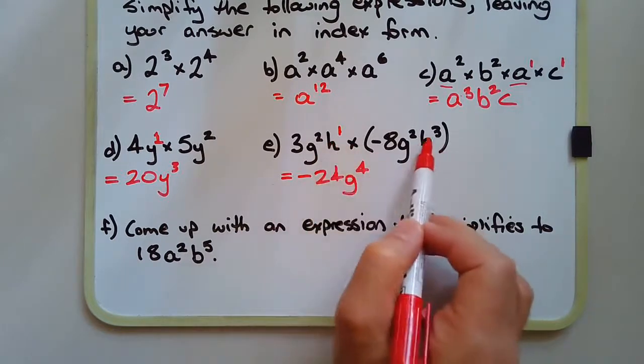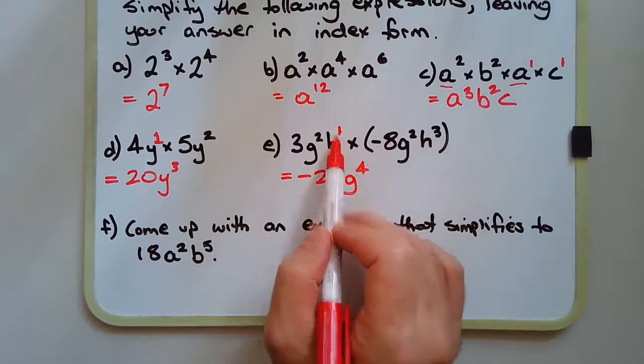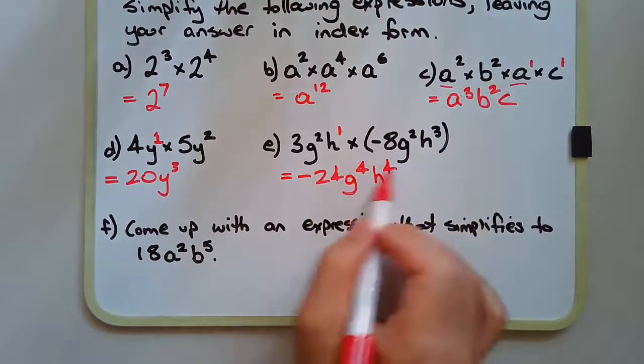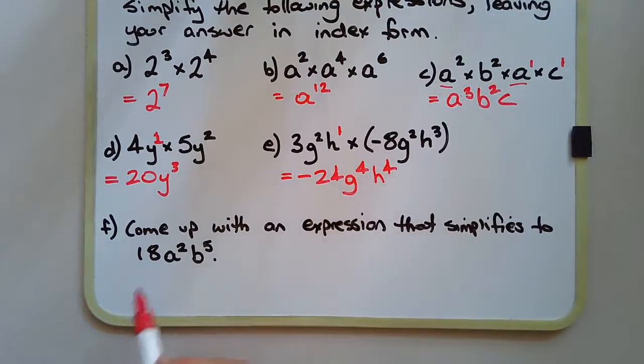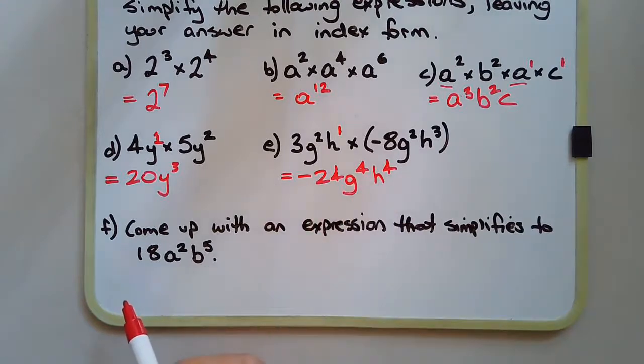There is another h somewhere else. Actually, there are in fact 3 of these h's being multiplied together. h to the 1 times h to the 3 is also h to the 4. Different bases, but the same index there, 4 and 4.